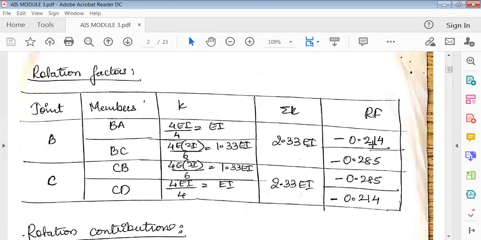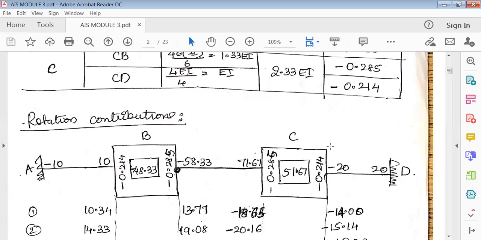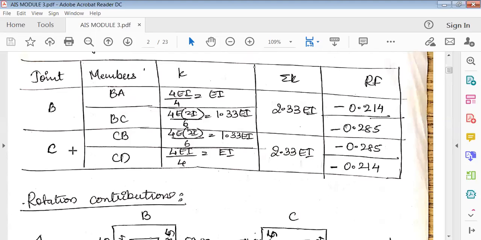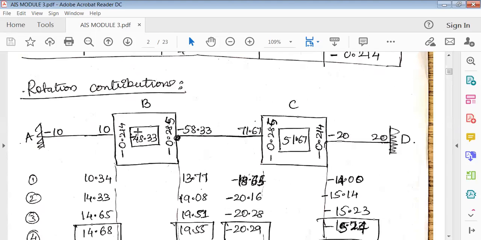Once you get the rotation factors, those rotation factors should be shown here. Okay, again this should be drawn same like a beam. So end A and end D as fixed. Only B and C, joint B and C should be magnified like this with the two squares. Okay, again two squares should be drawn.